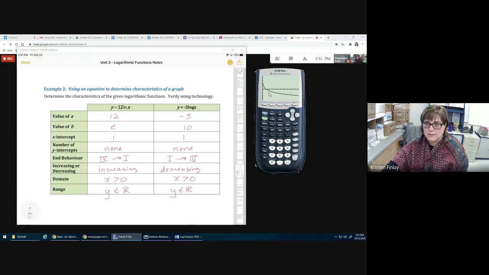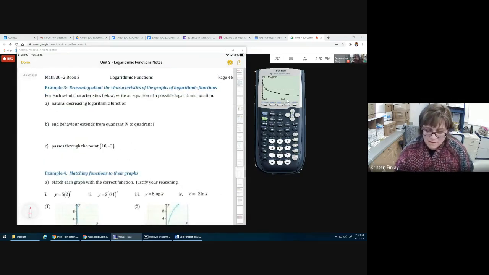Y does hit 0, but x approaches 0 and doesn't touch it, so there's no y-intercept. End behavior, it goes from 1 to 4, decreasing. Domain, x is greater than 0, and range y is in the reals. Now we want to check our x-intercept, second function trace value. Let's put in 1, see if that is indeed our x-intercept. Yes, it is, because y equals 0. So we're finding a few characteristics that are consistent.